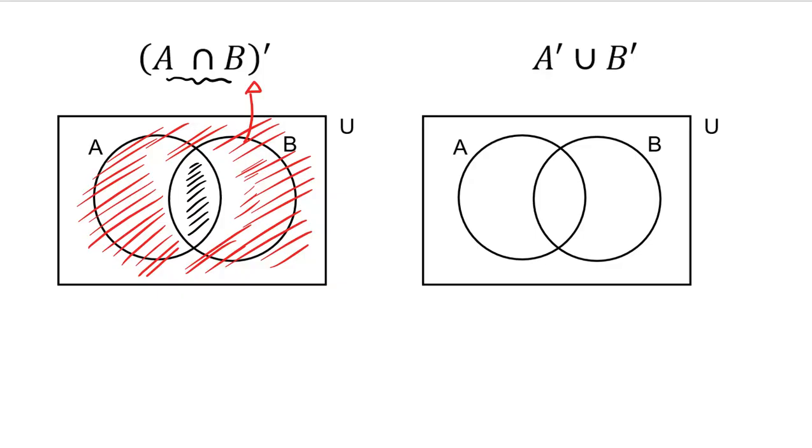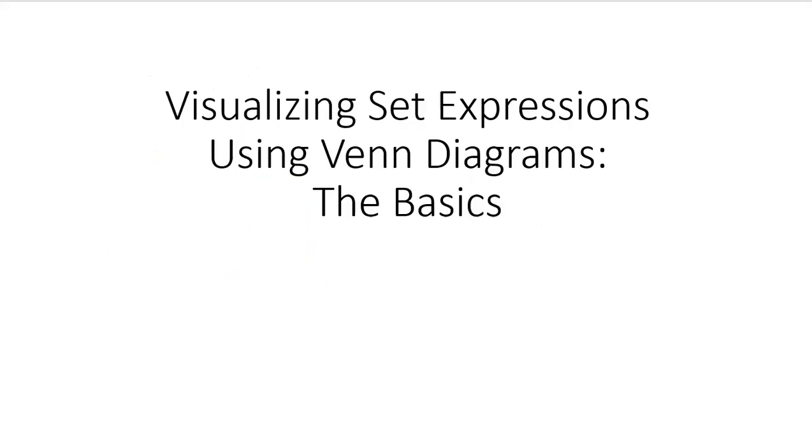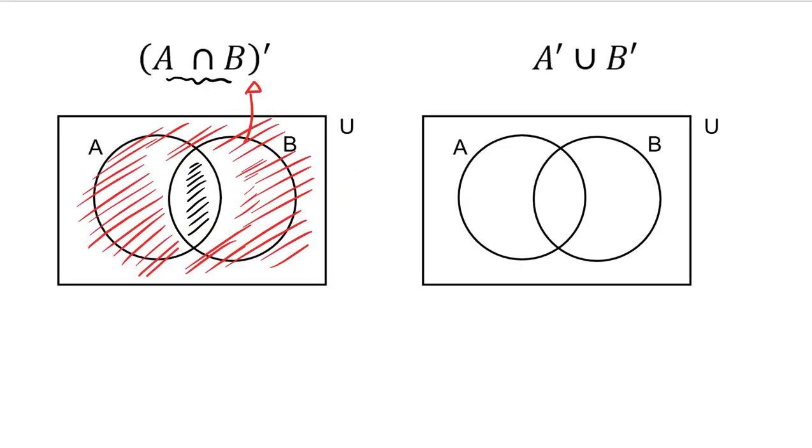Now, the expression on the right, A complement union B complement. The way that I do this one, and again, this is the way many people teach it, is you follow an implicit order of operations.